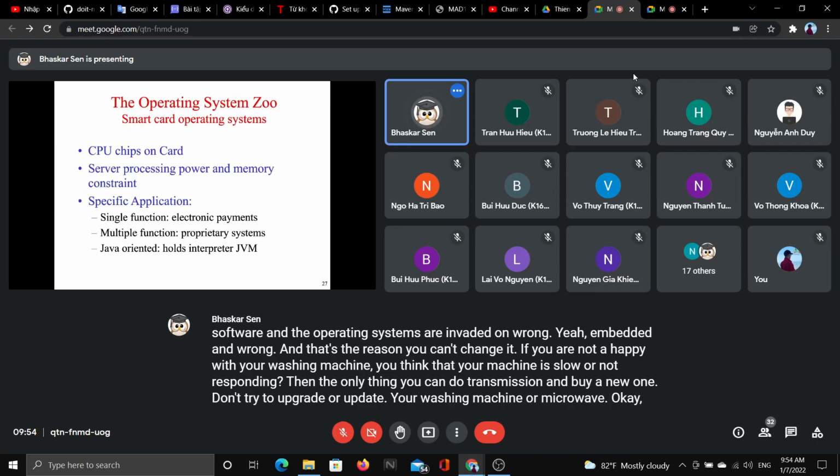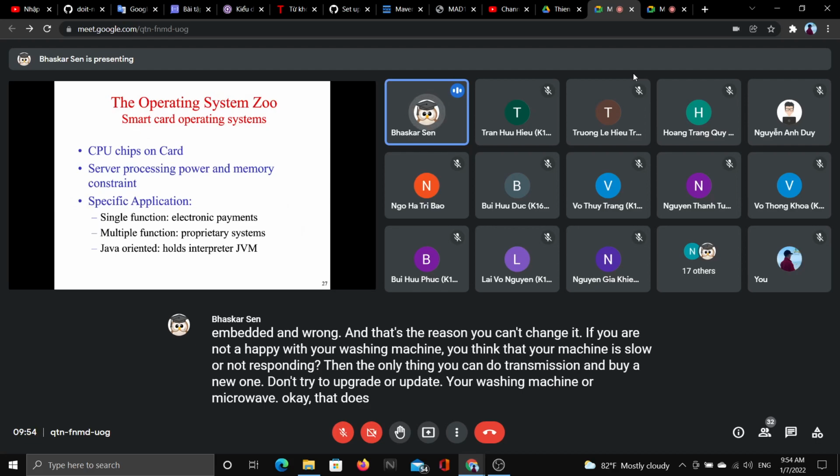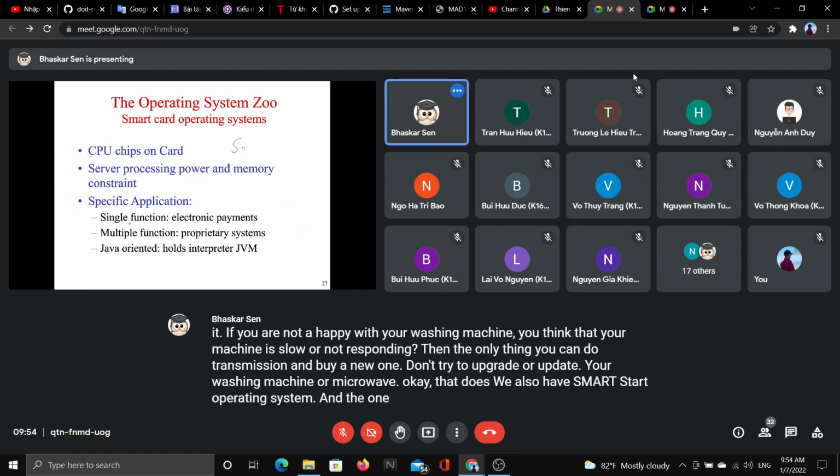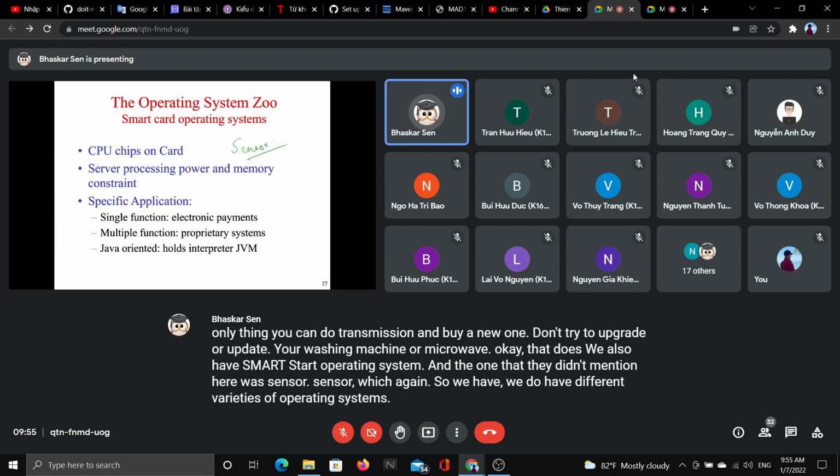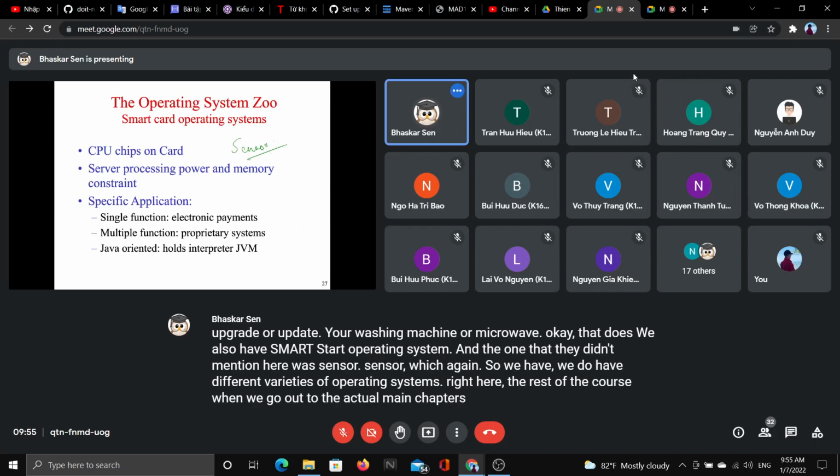We also have smart card operating systems, and the one that they didn't mention here was the sensor OS. So we do have different varieties of operating systems. But for the rest of the course, when we go to the actual main chapters, we are still in the introduction part.